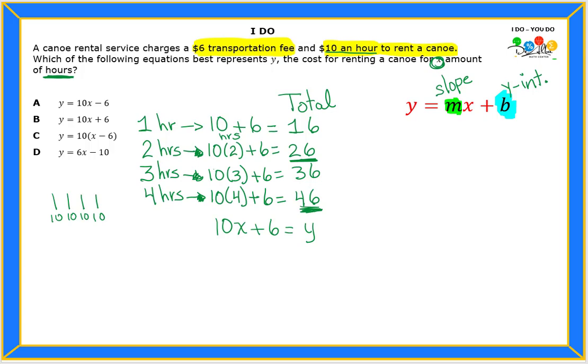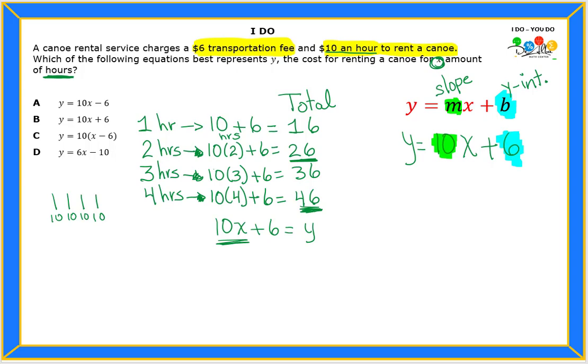So if I write it down as an equation, which I have up here, my y, I'm still going to write down y equals mx. Well, I can see this x right there, and next to the x is a 10. And then I have a plus 6 by itself. So my slope is 10, and my y-intercept is 6, okay?